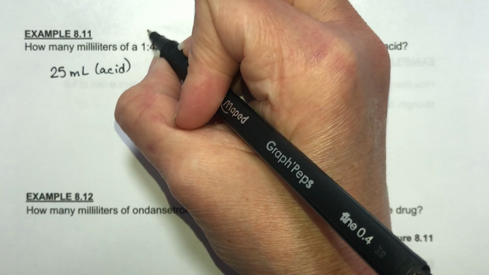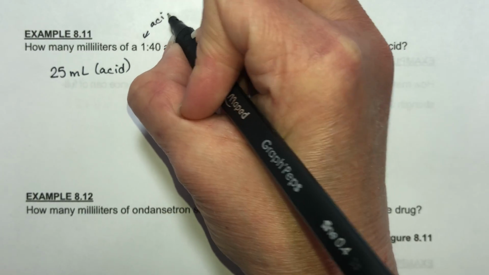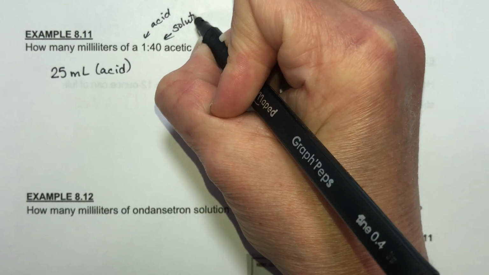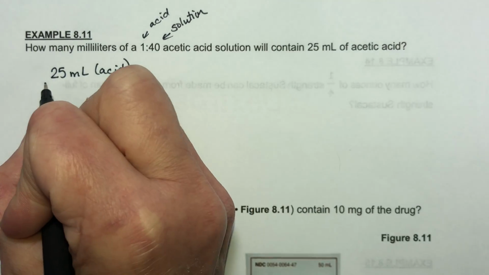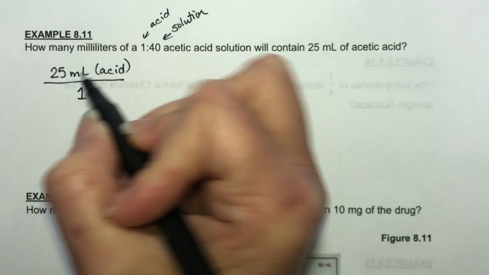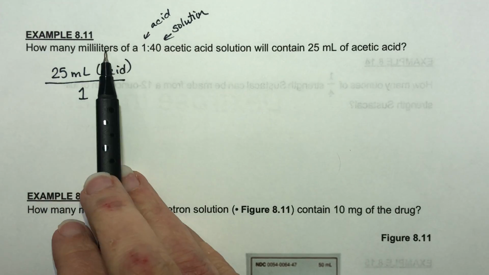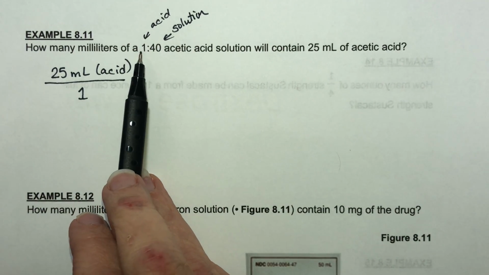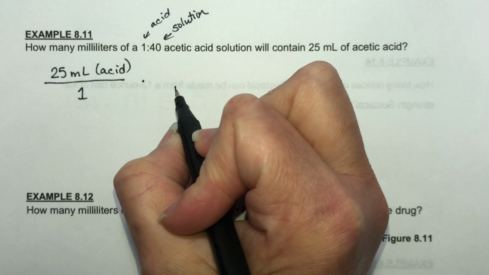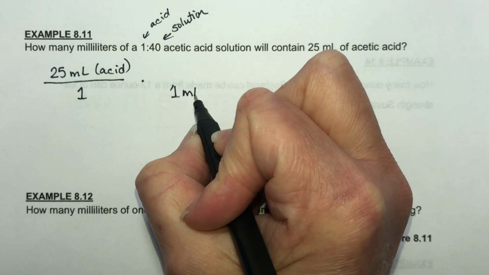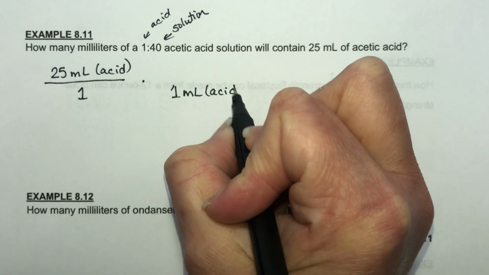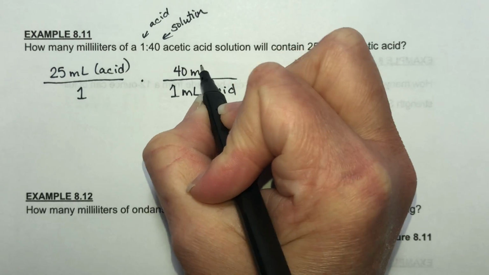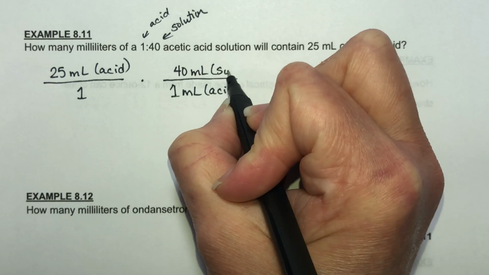This means 1 part acid to 40 parts solution. I'm going to put this over 1. We're trying to find out how many milliliters of the solution. So I'm trying to get rid of the milliliters of acid. So I'm going to use 1 in the bottom down here, and that's milliliters of the acid. And I'm going to put the 40 milliliters of the solution up here.